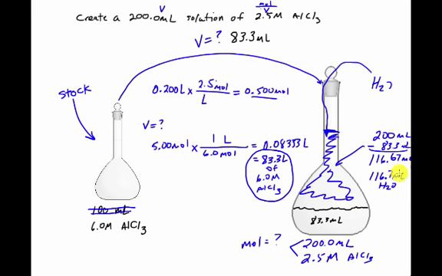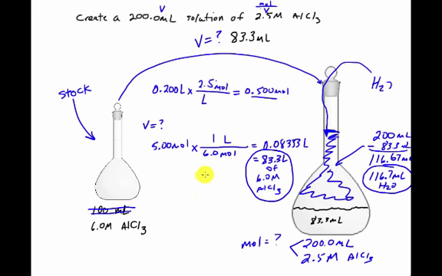So that's how much water I would have to add to bring this up to a total volume of 200 milliliters. So again, I'm taking this concentrated solution and I'm diluting it down by adding the water to it. I'm making my final solution 200. So I'm backing it up and going backwards for moles.